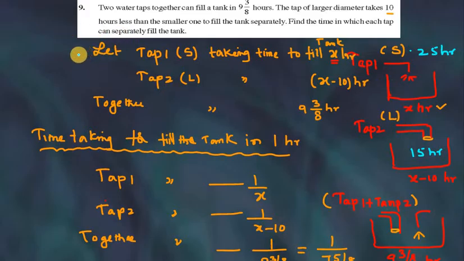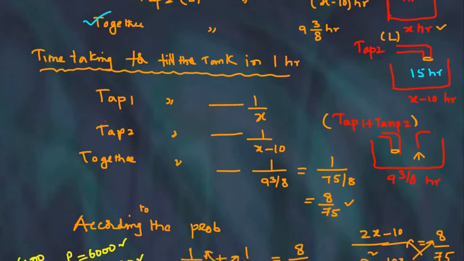First, assume that the first tap is taking x hours, the second tap is taking x minus 10 hours, and together he has already given, that is 9 3 by 8. Convert each and every thing into 1 hour's work. So 1 hour's work will be 1 by x and 1 by x minus 10 and 1 by 9 3 by 8.